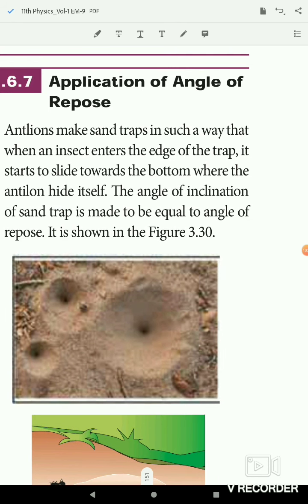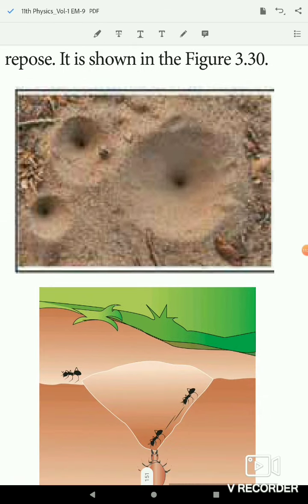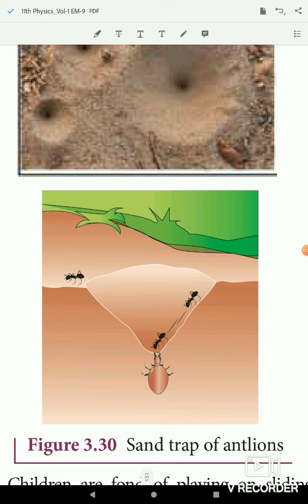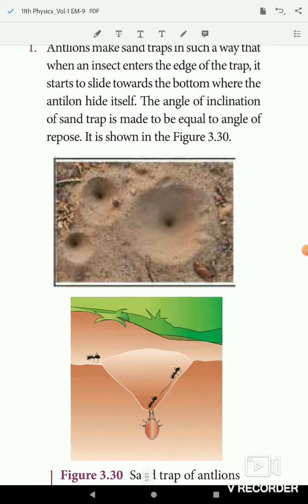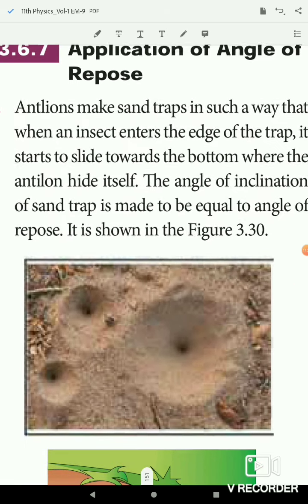Antlions make the sand traps in such a way that when an insect enters the edge of the trap, it starts to slide towards the bottom, where the antlion hides itself. The antlion eats the ant.